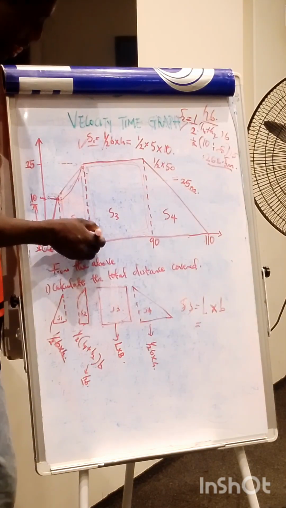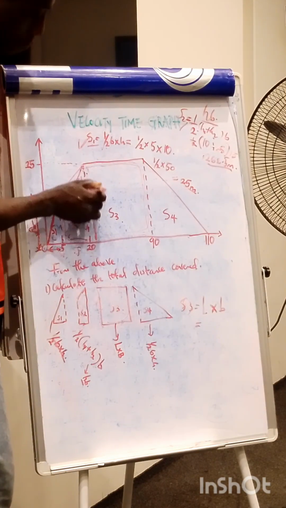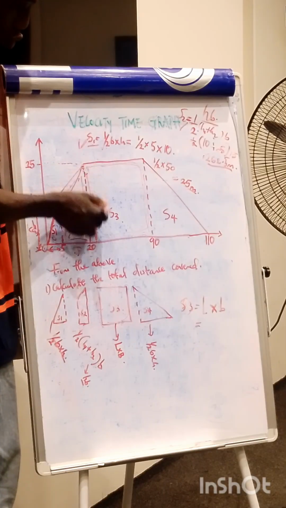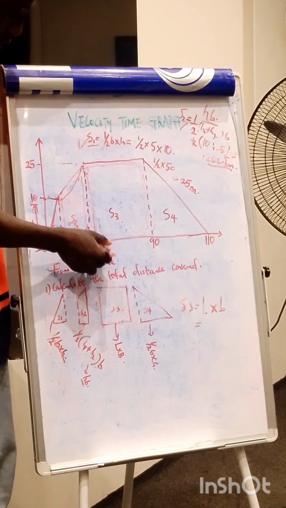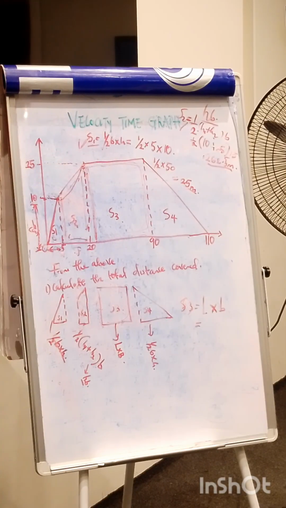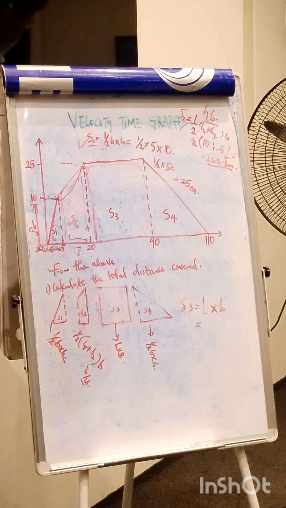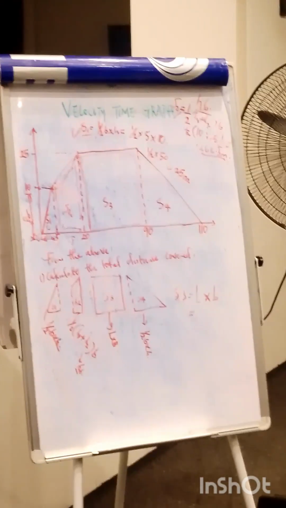If you are tracing your length inside this S3 like this, if you trace it up, you will find it back to this side. Are you with me? So your length here is 25.